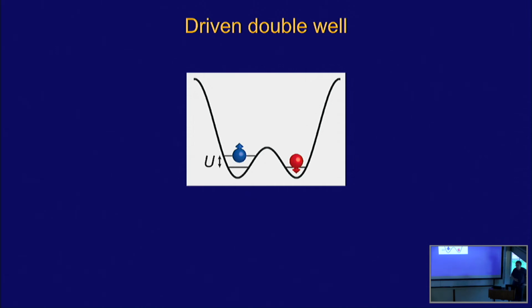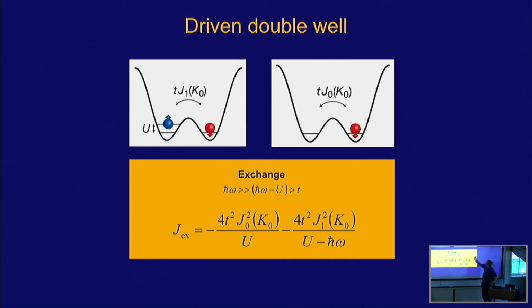But of course, you may also have another atom on the other side with an offset, or if both are on one side, it makes an energy U. And U is another frequency in your system, and you may wonder what's happening when you drive with the frequency U. Something is happening, so there needs to be some resonance, and this effectively will lead to some kind of density-induced hopping.